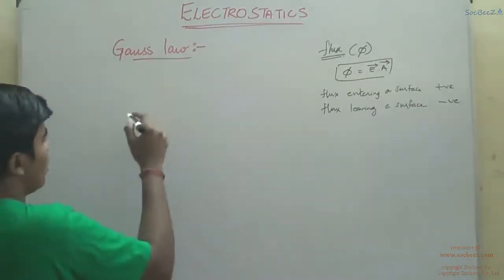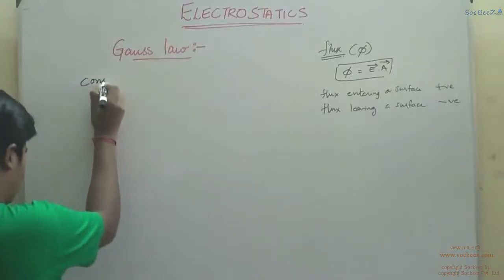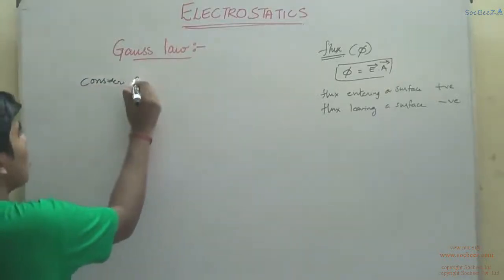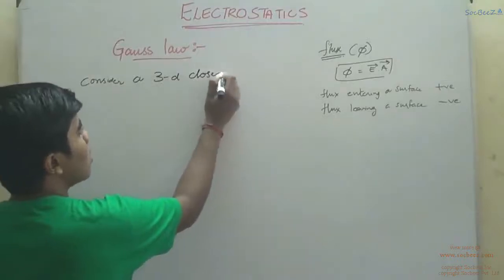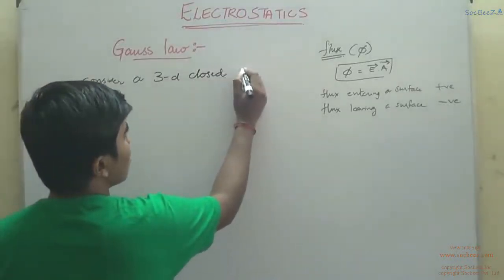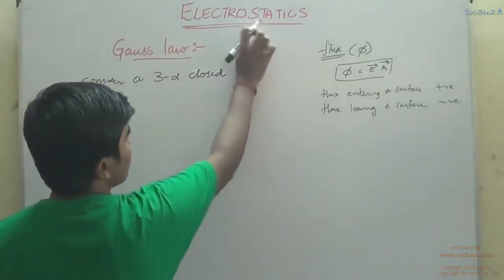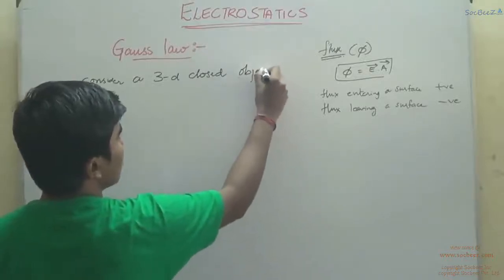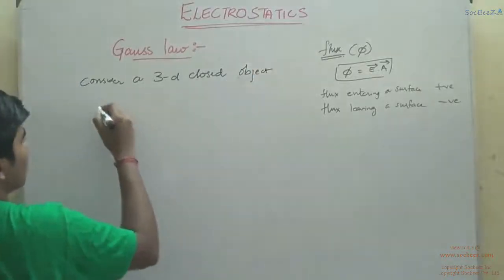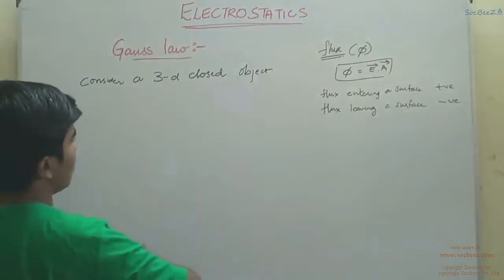What Gauss law says is, see, consider a 3D closed object. Suppose let it be in this way.